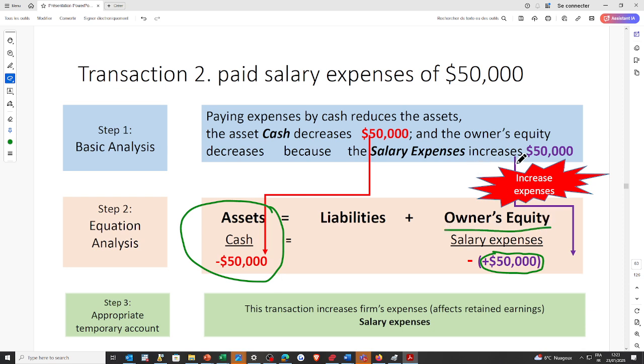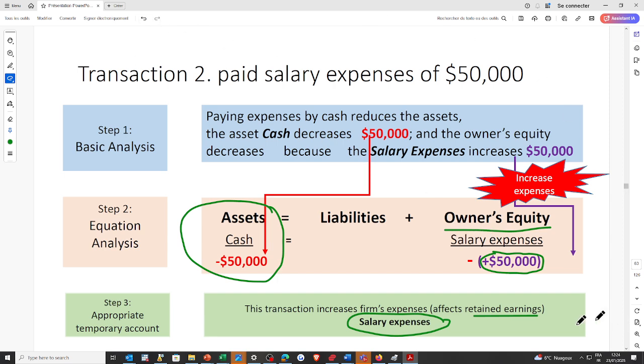So you have to pay close attention to this amount. In this transaction, the appropriate temporary account is salaries expense, because the salary expense will affect the retained earnings of the company. Okay.